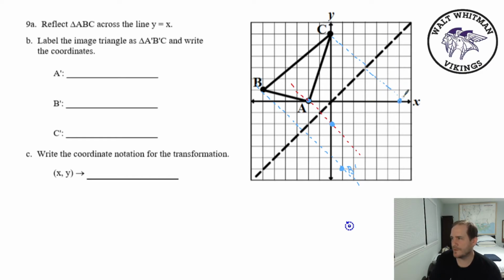And that point's coordinates are what? 1, 2, 3, 4, 5, 6. Yeah, so that's 6, 0. And B is at 1, negative 6.